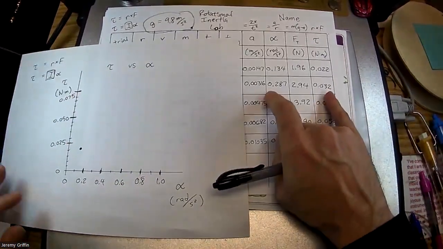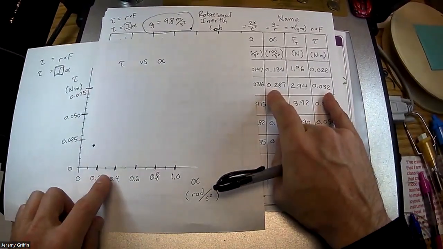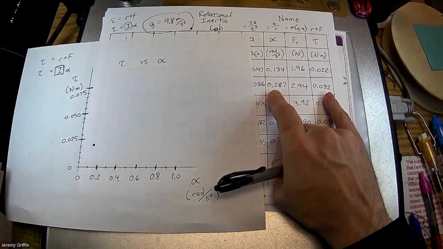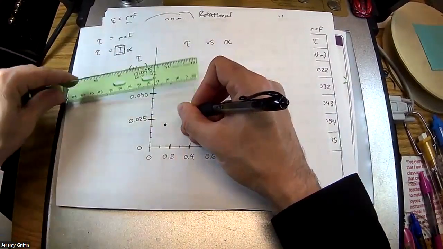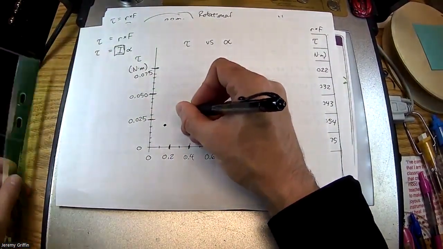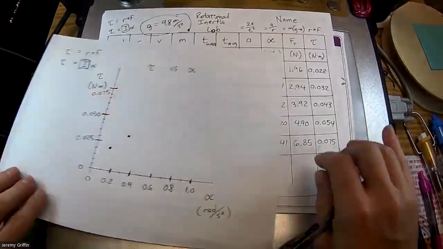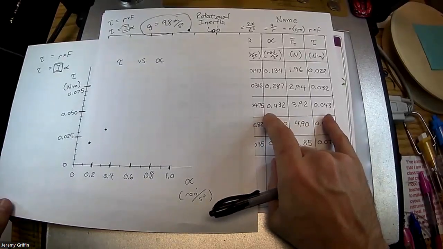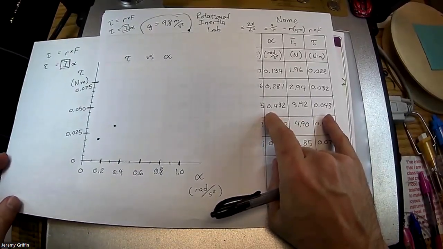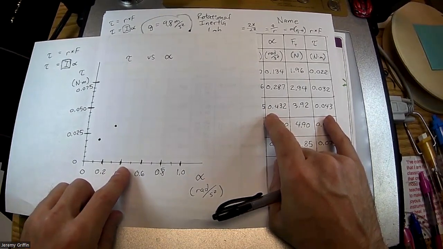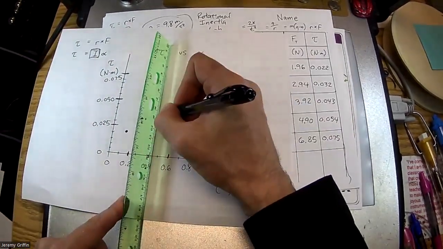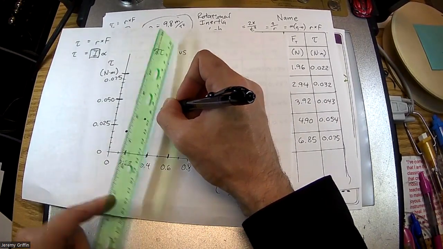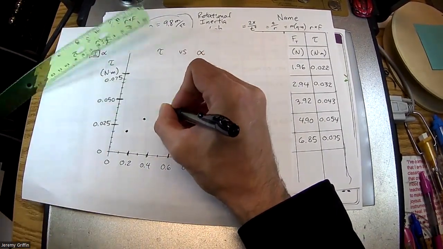Next coordinate, 0.287 and 0.032. That's right up there. Bam. Third coordinate, 0.432 and 0.043. Bam.